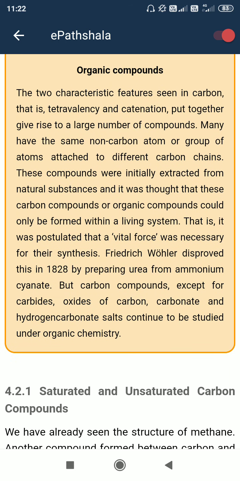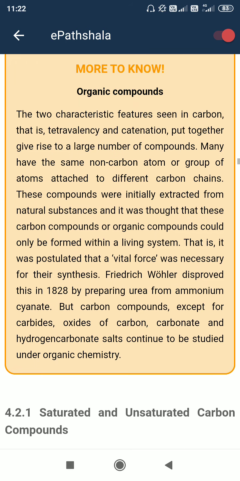So organic compounds: the word meaning of organic is the living system. Those compounds which are obtained from living systems, living organisms, are known as organic compounds. Mostly it has been seen that carbon is the main element which produces organic compounds.